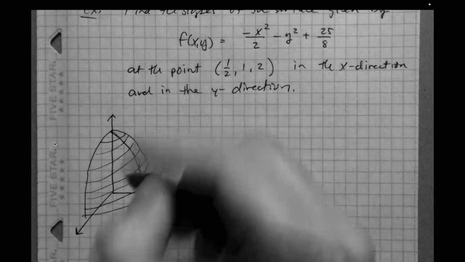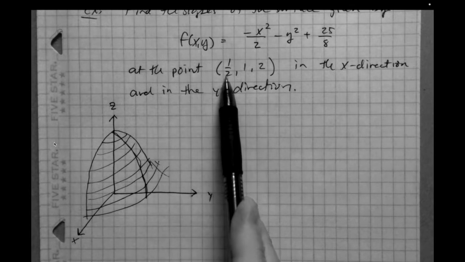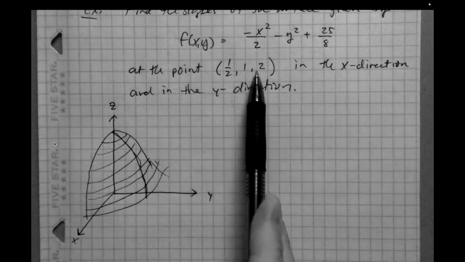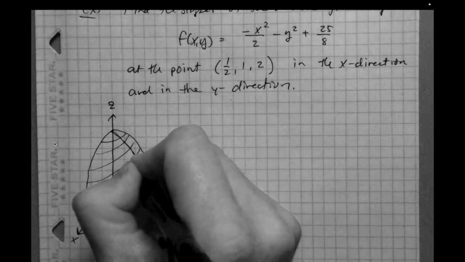But what we're interested in is a particular point here, and it's going to be 1/2 in the x direction. So we'll say this is the x, y, z axis. So it's 1/2 in the x direction, 1 in the y direction, and 2 up on the z axis. So let's just put it on here. We'll say it's right about there. There's going to be this point on this surface.